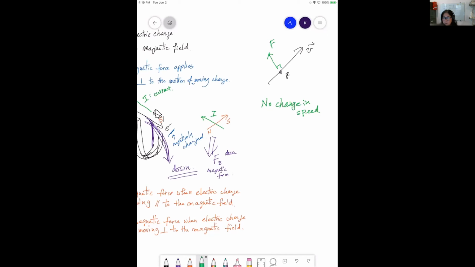However, you have a non-zero acceleration. And by the way, this is a review from mechanics: acceleration means a change in speed or a change in direction.